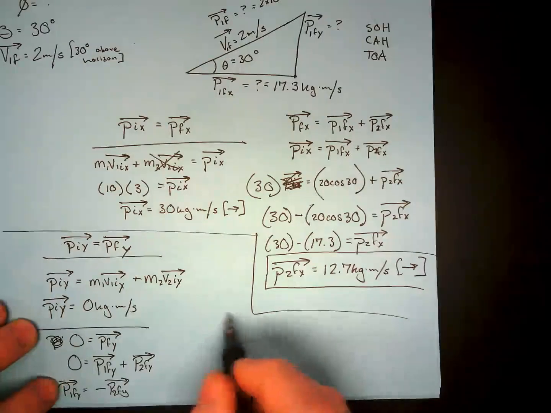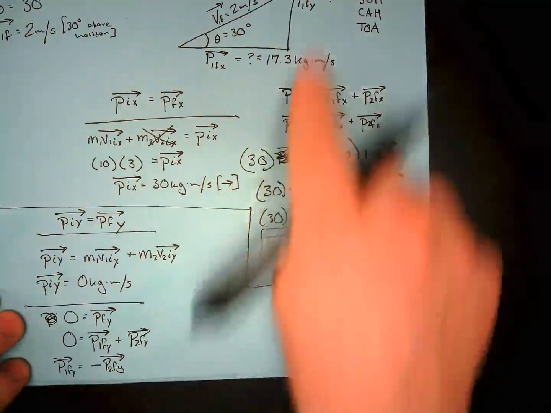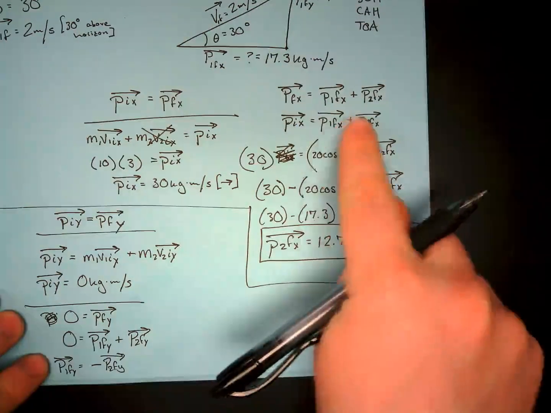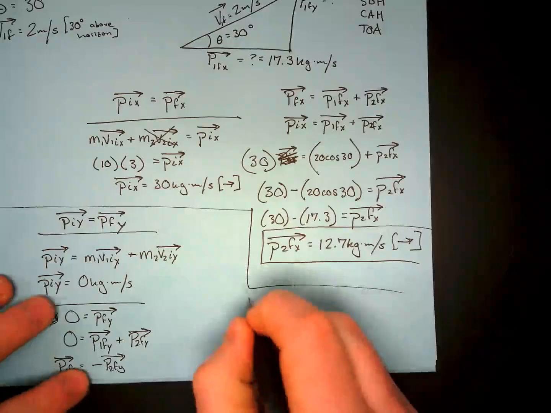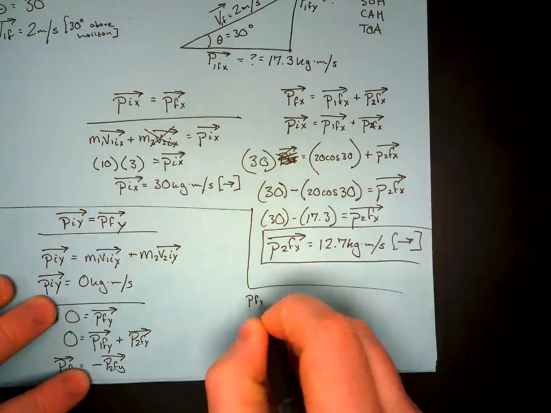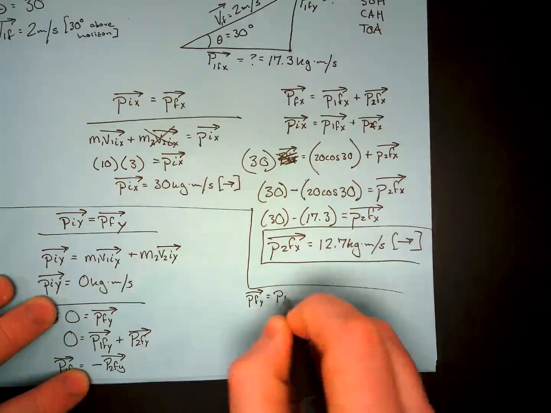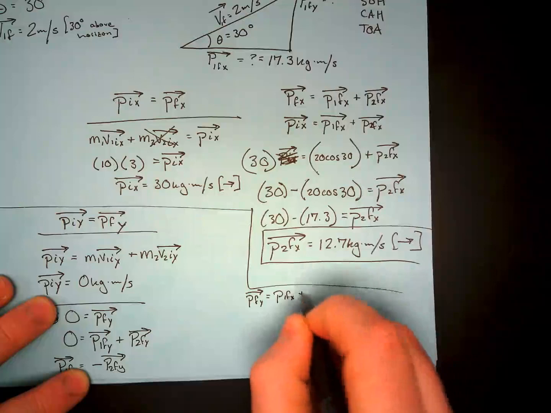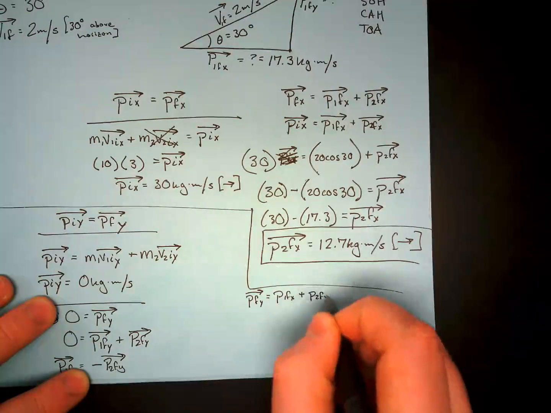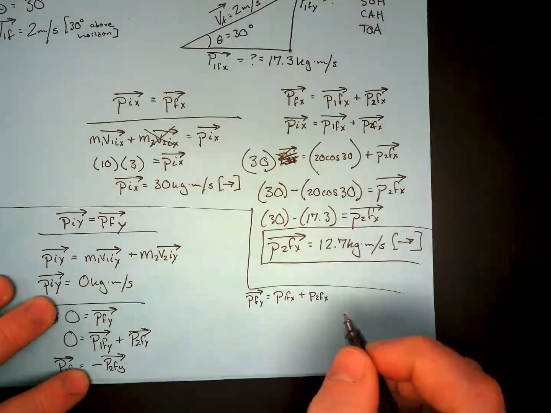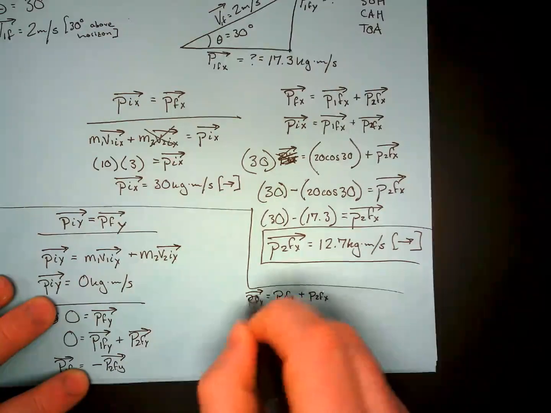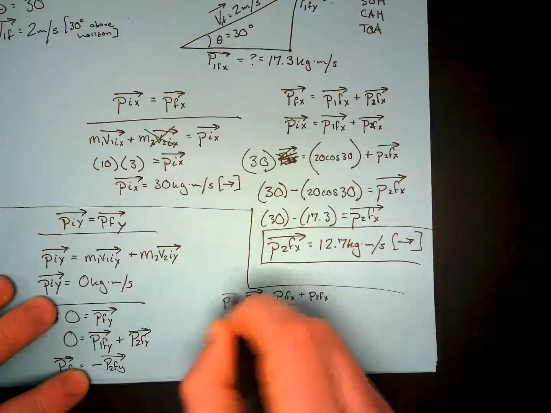So let's solve for that. So let's solve for this guy. I'm going to repeat kind of what I did over here. So P final y is equal to P1Fy plus P2Fy, which is actually Piy, which we did over here.